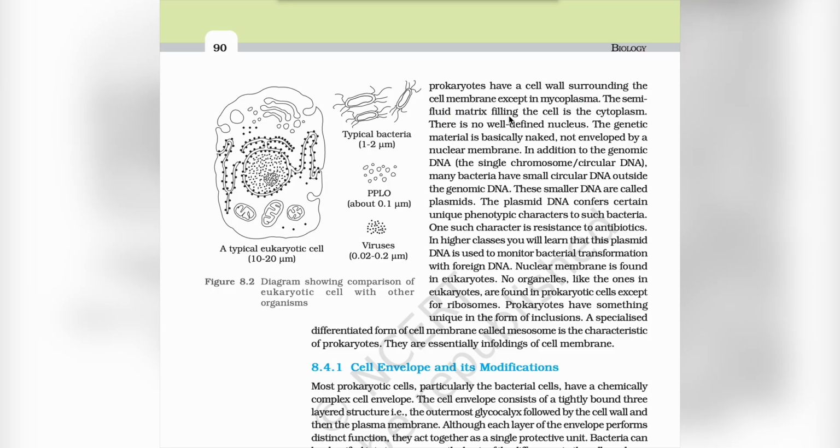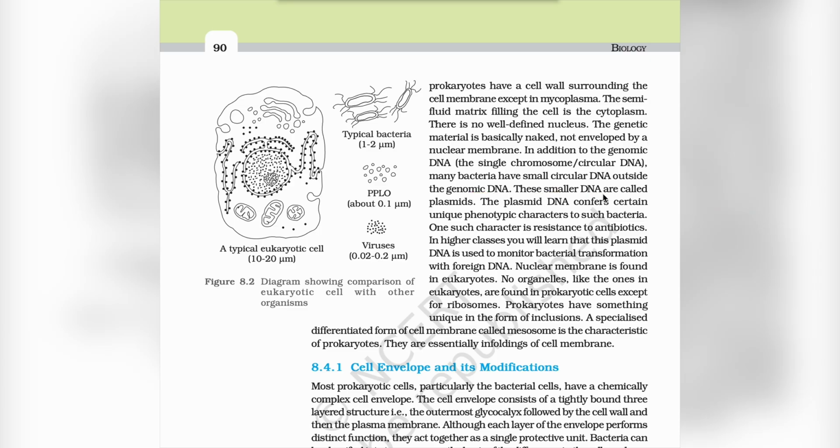The semi-fluid matrix filling the cell is the cytoplasm. There is no well-defined nucleus. The genetic material is basically naked, not enveloped by a nuclear membrane. In addition to the genomic DNA, the single chromosome or circular DNA, many bacteria have small circular DNA outside the genomic DNA.